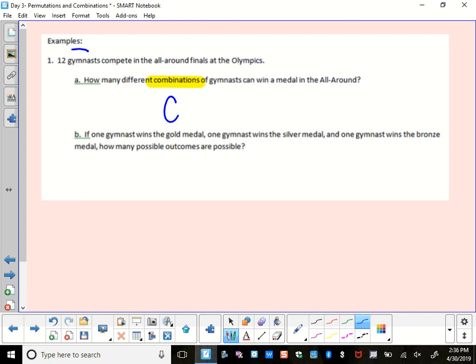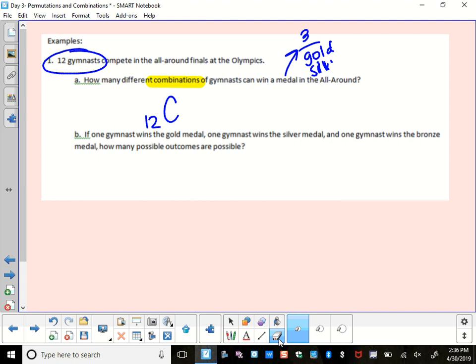All right, how many total gymnasts are there? What's it say up here? We have 12 gymnasts and they are competing for how many medals? There are 3: gold, silver, and bronze. So anytime you see something about medals, remember that.